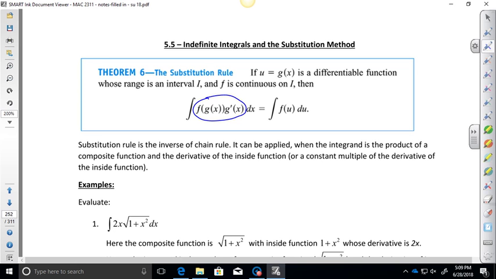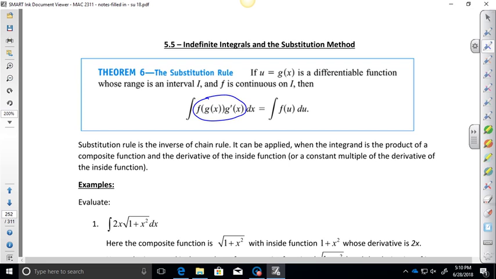Okay, now let's see how we use substitution. Let's start from the first problem. Now I want to integrate 4 sine 4x dx.